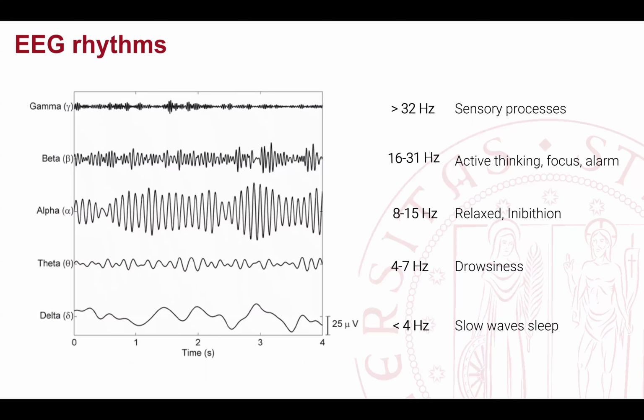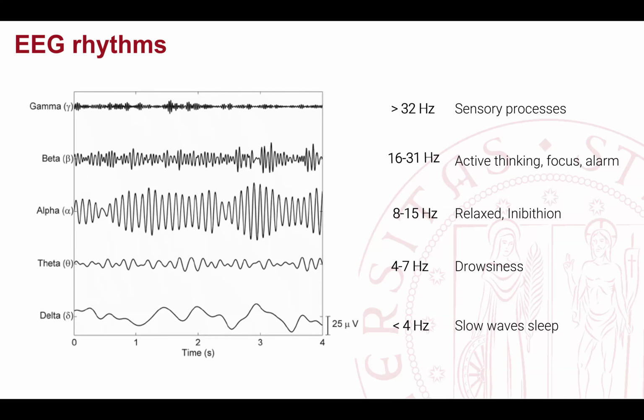One of the first things done in the neuroscientific literature was not to study the EEG signals as they are, but to try to identify the main oscillations present within our brain. What they ended up with are the so-called EEG rhythms. EEG rhythms are nothing else than the raw EEG signal that I showed before, filtered in very specific frequencies.